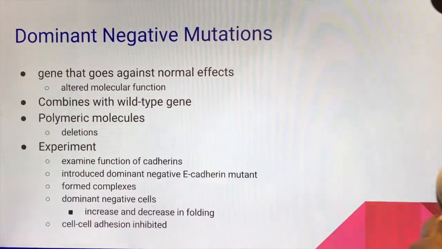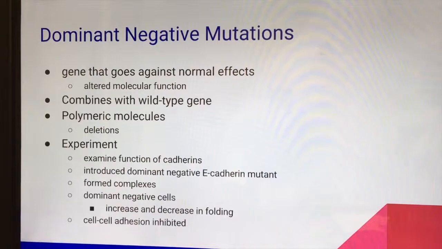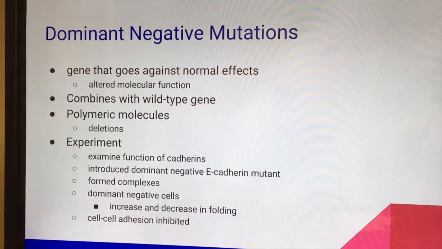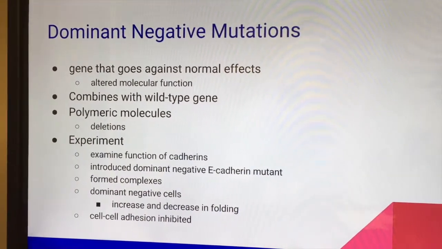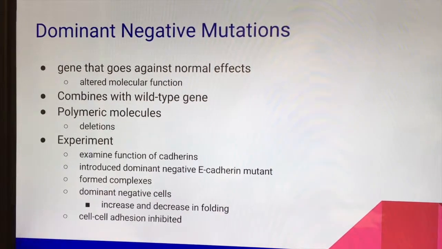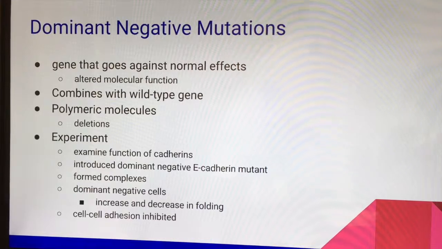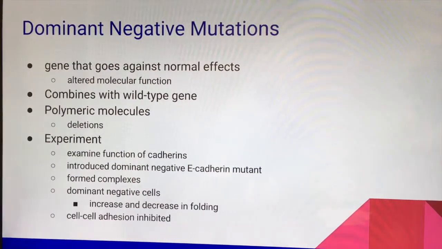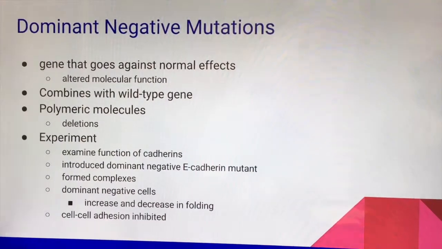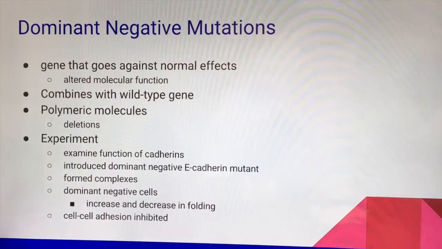In the experiment, we examined the function of cadherins in a normal cell. They introduced a dominant negative mutation of E-cadherin. It formed a complex with alpha, beta, and I believe gamma catenin.